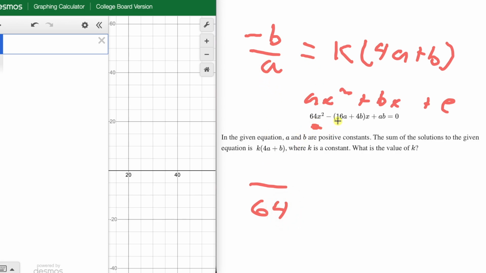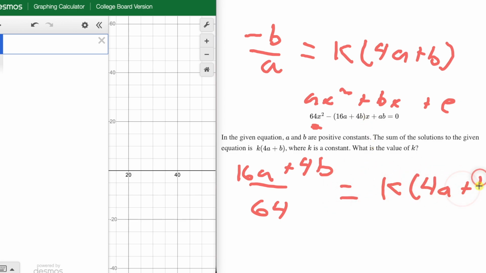So b here is negative 16a, so it's negative times 16a plus 4b, which, because it's negative b, that negative basically just cancels out, so it's just 16a plus 4b, and this is equal to k times 4a plus b. So what I'll do is plug this in Desmos and solve it using a regression once again to get the answer.